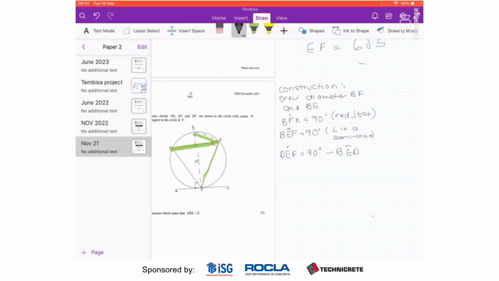Because the full angle of that part and this part was 90, DEF, just this part in the triangle here, is 90 minus BED.